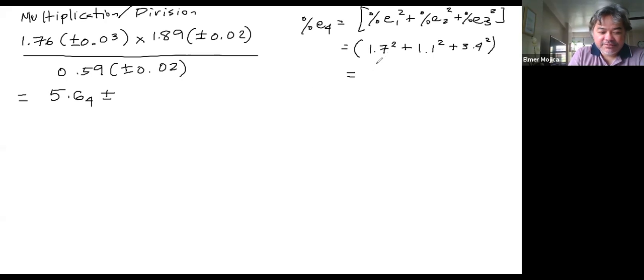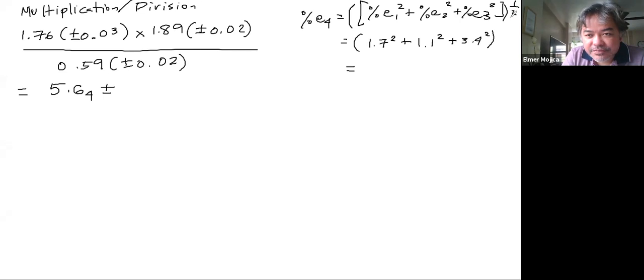So if you get that, I think I'm still missing another one. Then you have to raise them to 1/2 or get the square root. So what do you get? What is the percent uncertainty that we have here?